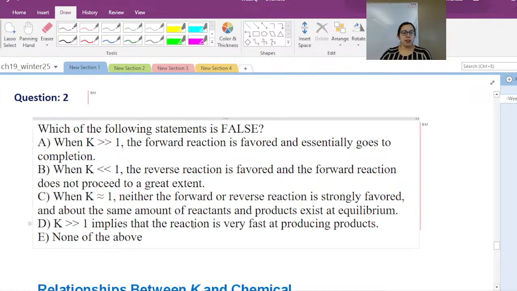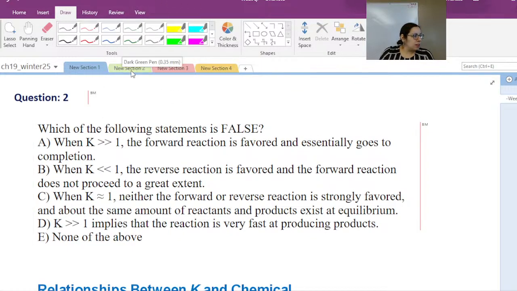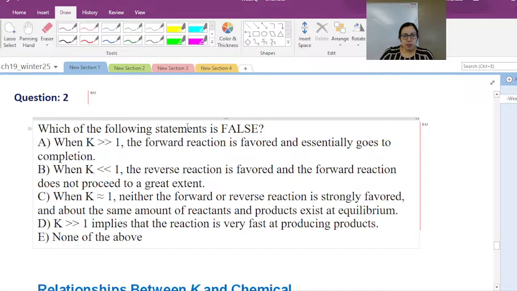All right, so see if we can look at this. Which of the following statements is false? I'll give you a minute or so to read it and make your selection mentally.